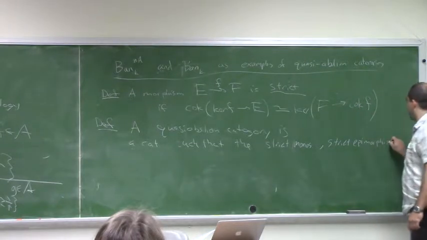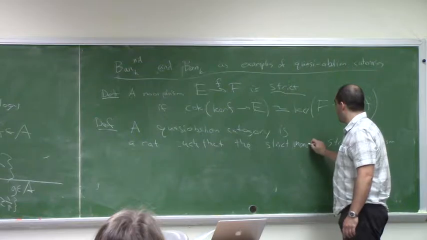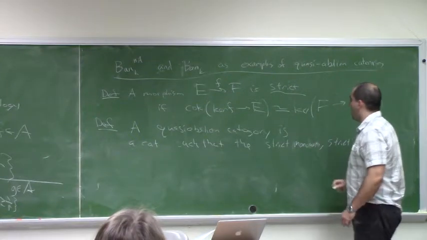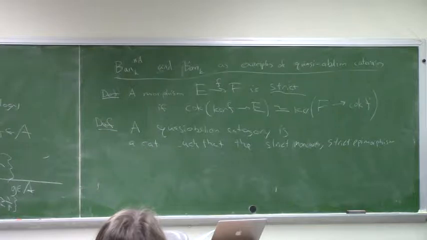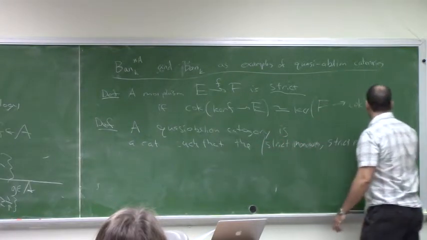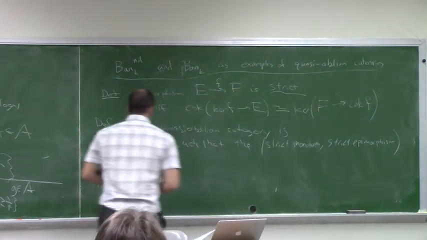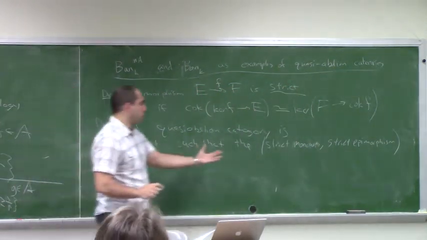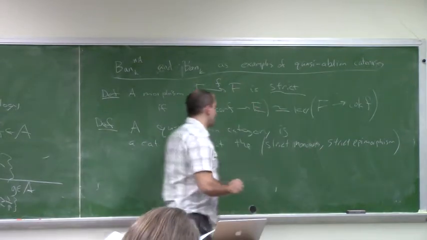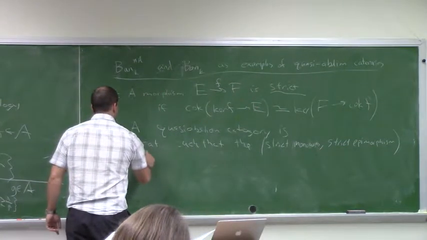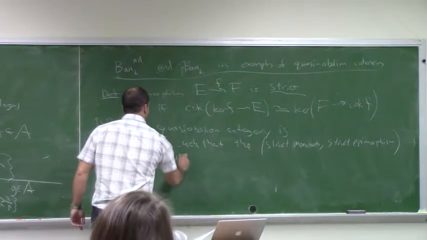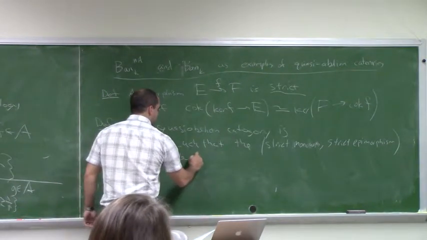Because it's a category, there's this notion of monomorphism and epimorphism. And strict is basically saying, for instance for Banach spaces, that the map has closed image. And this Quillen exact structure, for those of you who don't work with that, is a certain condition on these morphisms under pushout and pullback diagrams. So this allows you to do homological algebra.